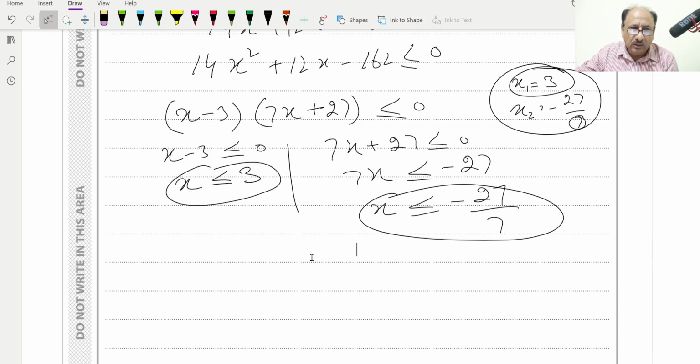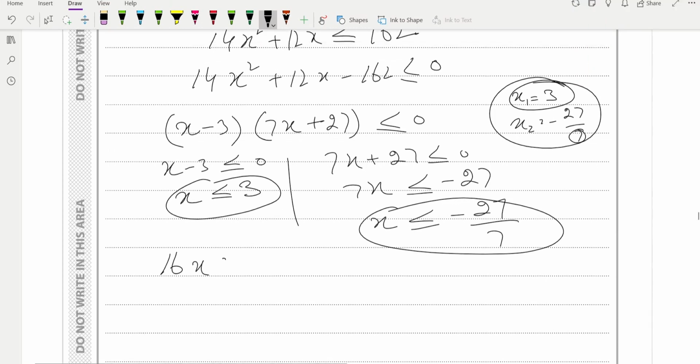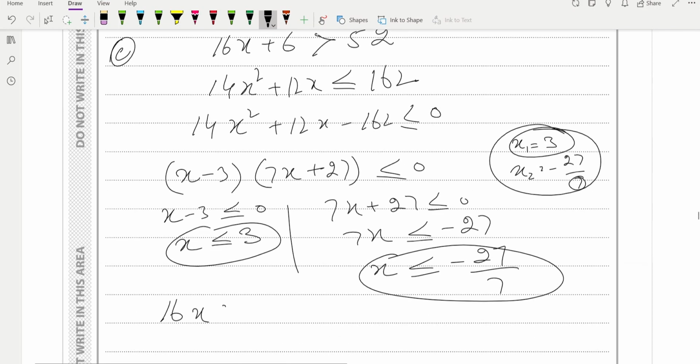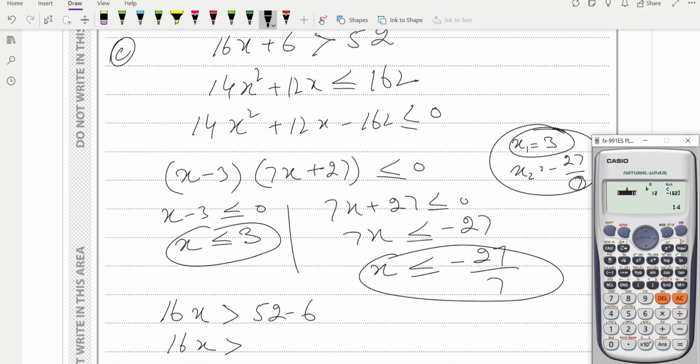So we can write it as basically 16x is greater than 6. We have this first equation, 16x plus 6 is greater than 52. So I'm shifting 6 to the other side, so 16x is greater than 52 minus 6, and 52 minus 6 is equal to 46.